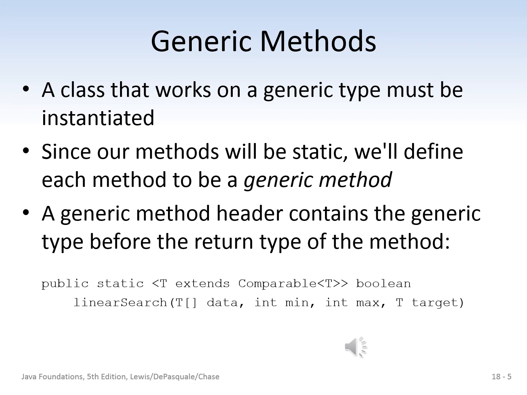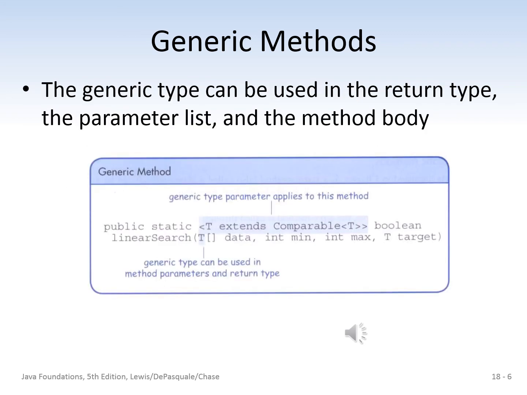And here is an example of a generic method header for the linear search algorithm. The generic data type can be used in the method body, the parameter list, the return type, etc. And here is an example of a generic method.